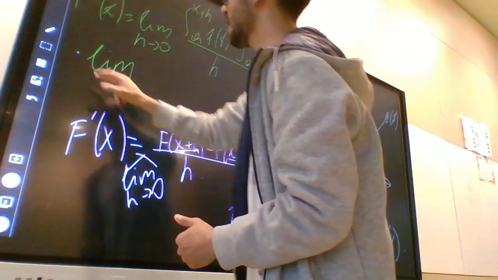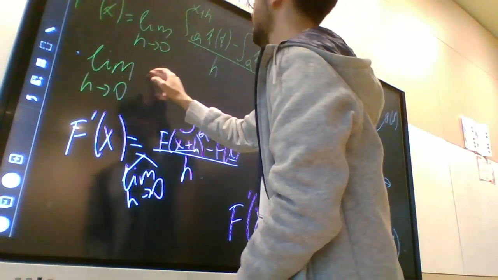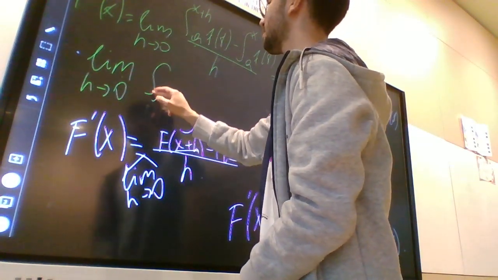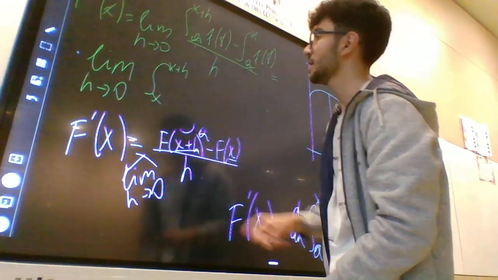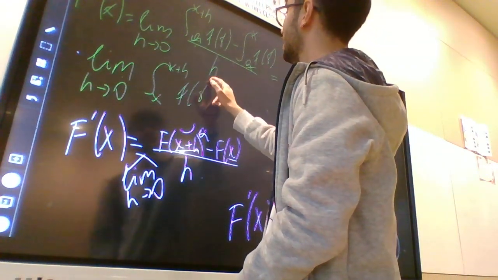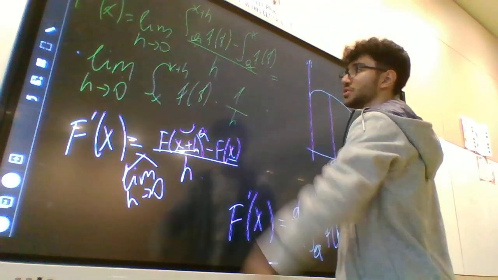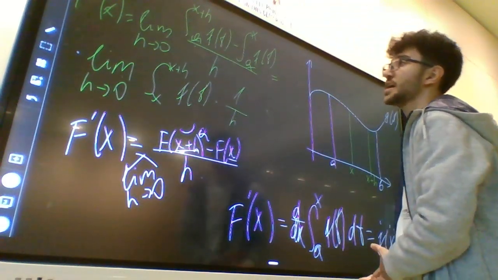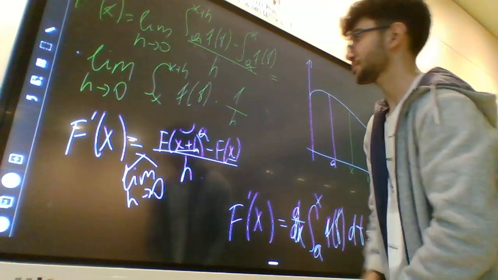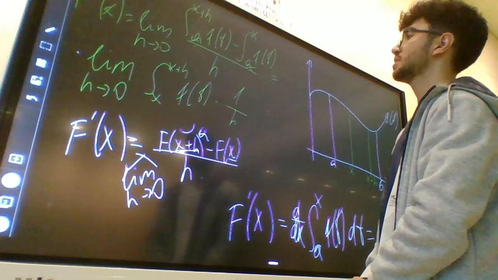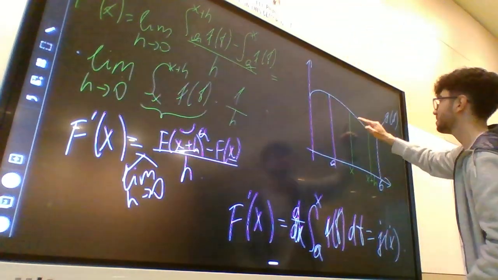You will get limit h approaching 0 of the integral from x to x+h, because our bases are the same, of f(t) multiplied by 1 over h, because we cannot actually simplify h with something. And what does it mean? It is actually the area of this region.